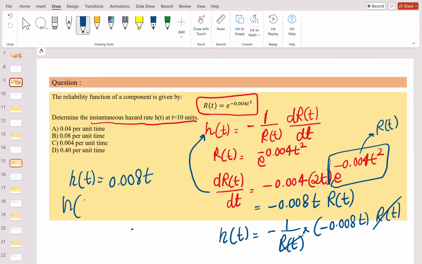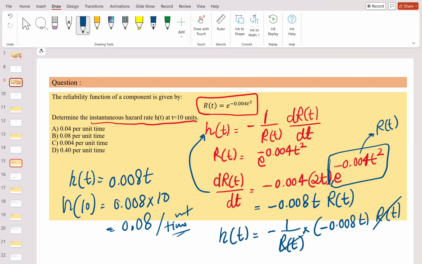So what is being asked? H(10). Put the value: 0.008 multiplied by 10 comes out to be 0.08 per unit time. So you try to solve like this.